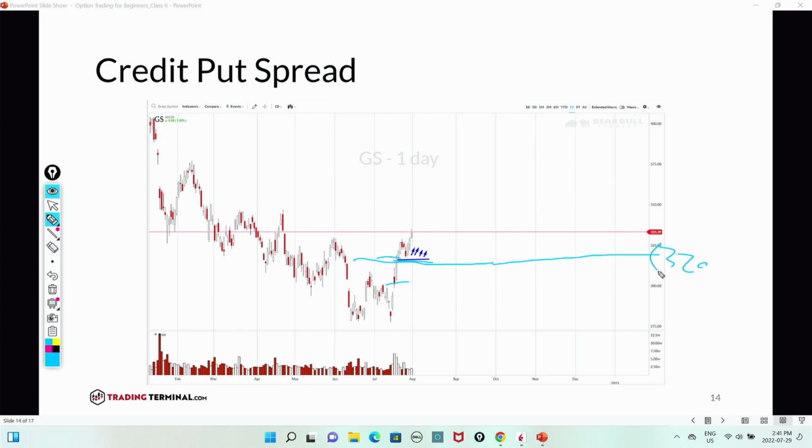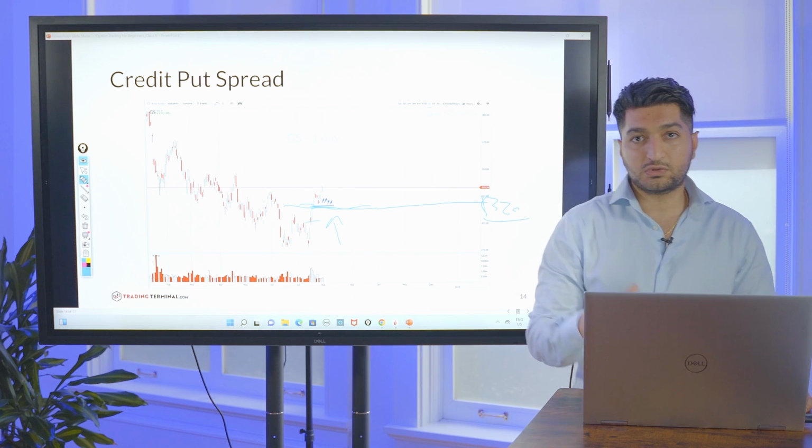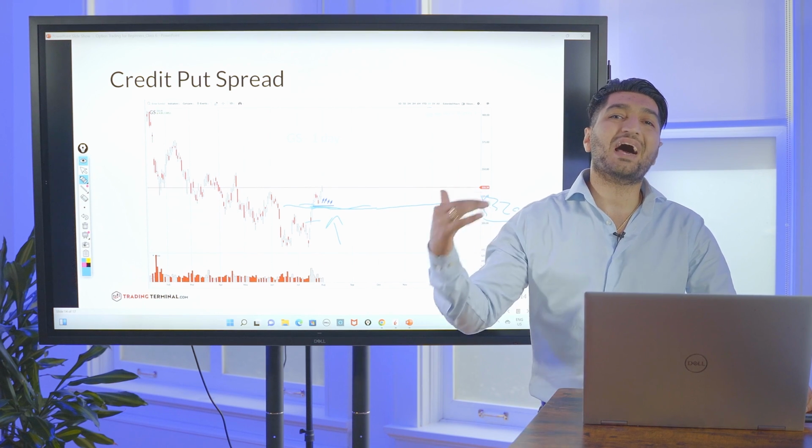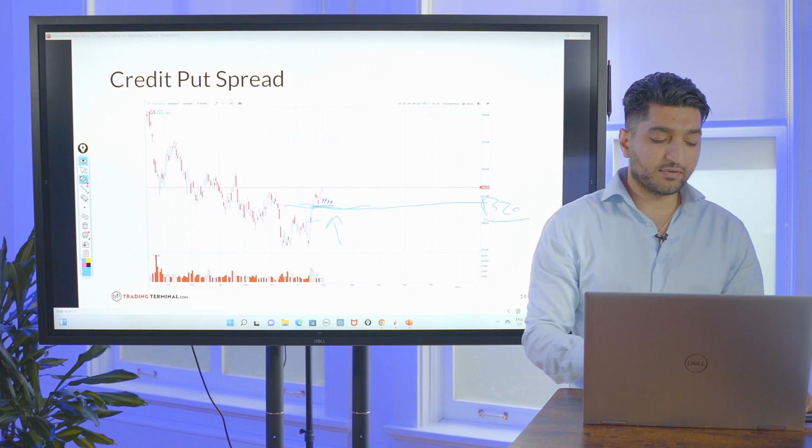That's your bet, that Goldman will stay above 320 because there is an area of support, or massive buyers that will jump in and protect this price level. So one of the things you could do is sell premium here: sell some puts and then buy some puts to hedge or cover against it.